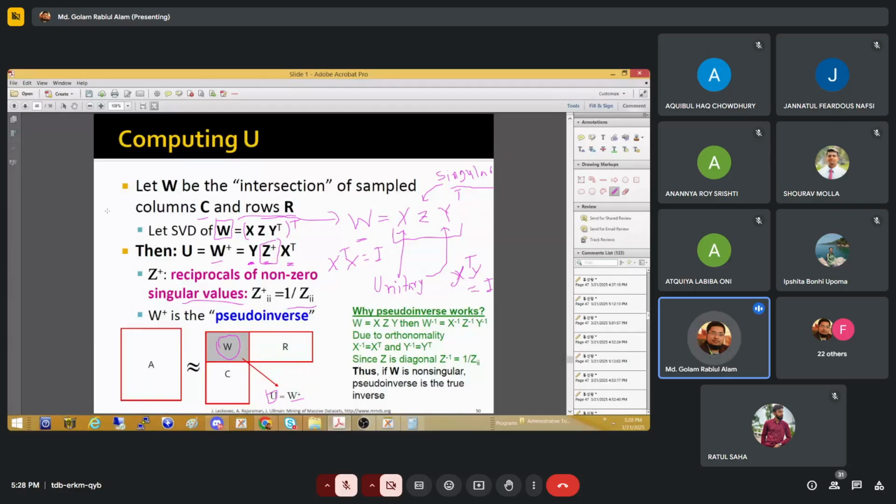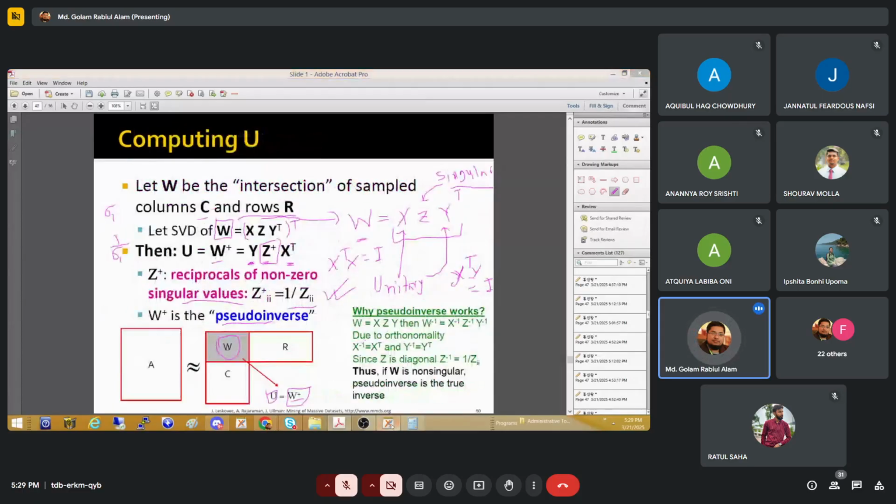If we consider those values as sigma 1, sigma 2, then in our G plus we will consider 1 by sigma 1, 1 by sigma 2, 1 by sigma 3, like this. So this is called the pseudo inverse. So W plus will be our U. This is how we will get the U matrix.